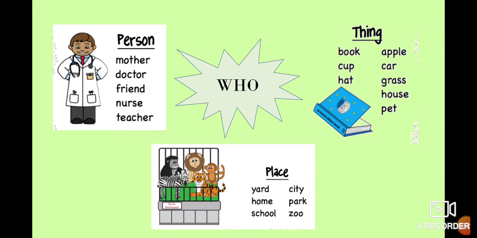And also places: a yard, the home, the school, the city, a specific park, or maybe the zoo. That means when you talk about who, you talk about persons, human beings. But when you talk about things or places, the question is what.